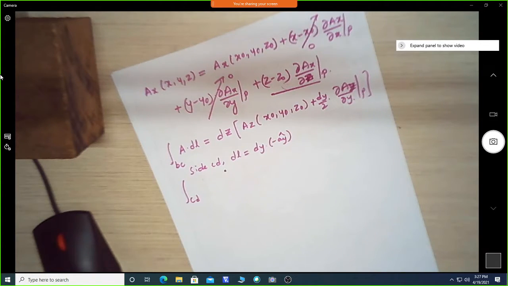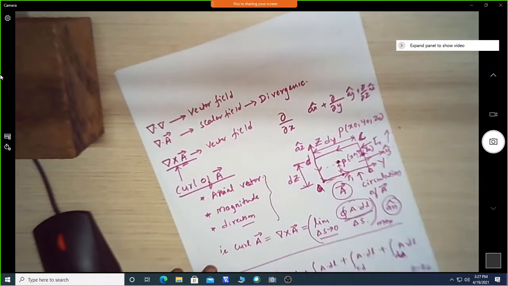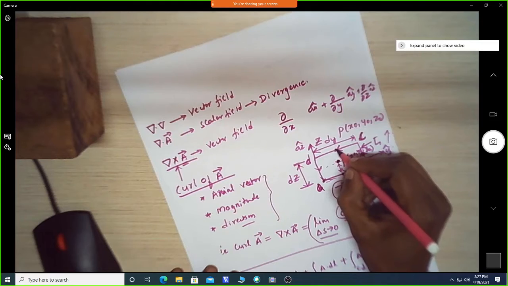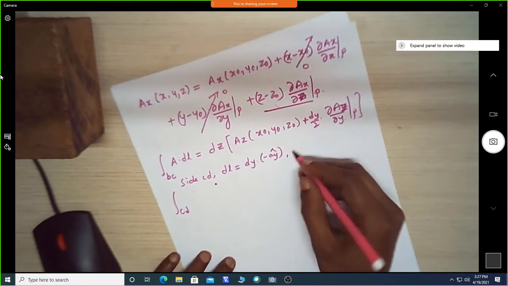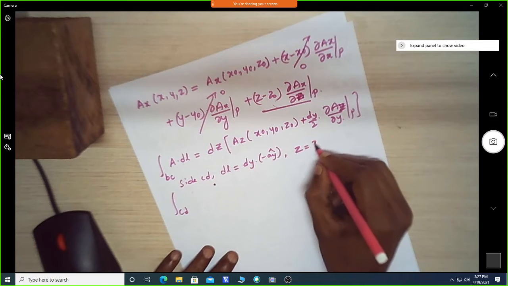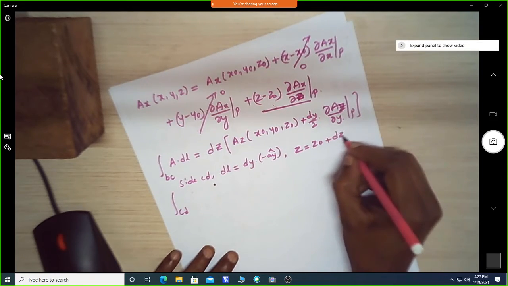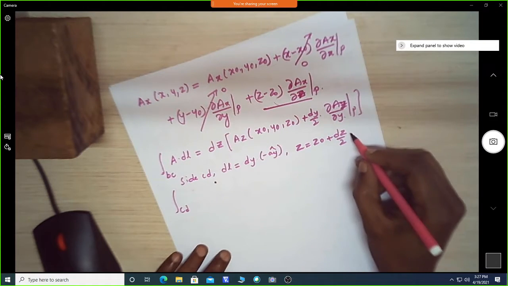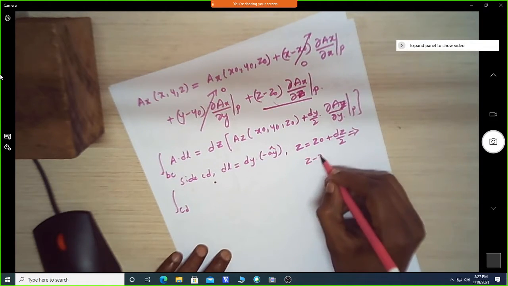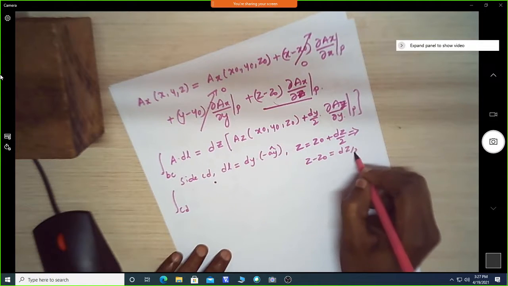Now what is the point? If I consider the point on that line, similar to before, we will get z equal to z0 plus dz by 2. Similarly, z minus z0 gives dz by 2.